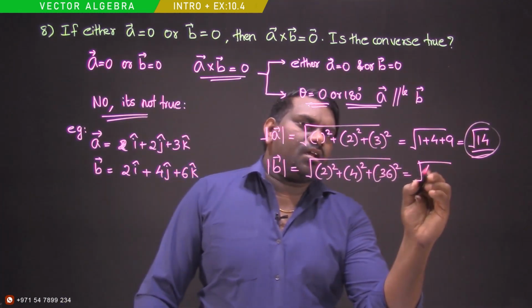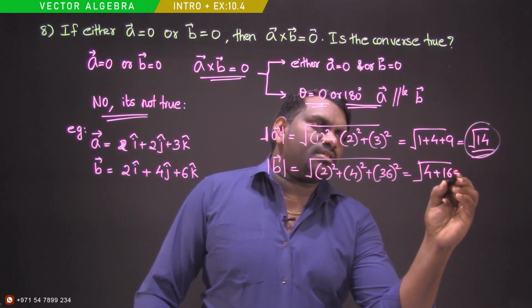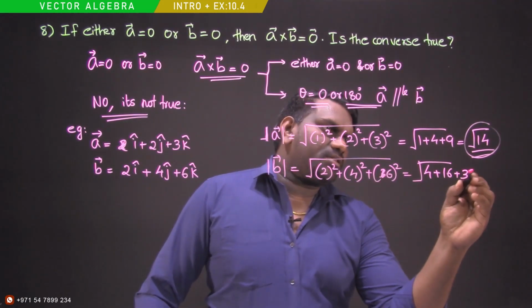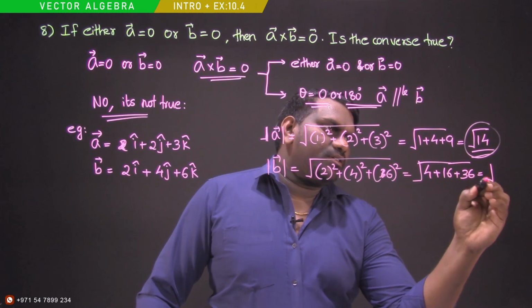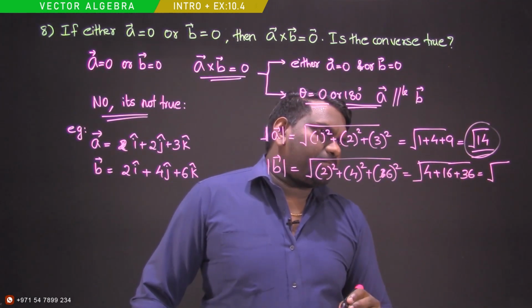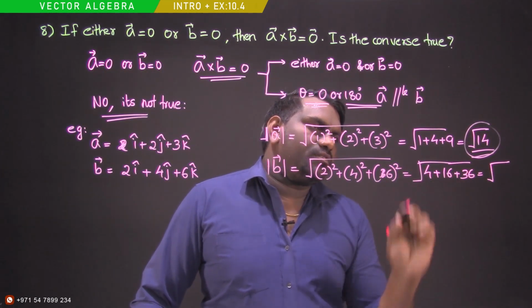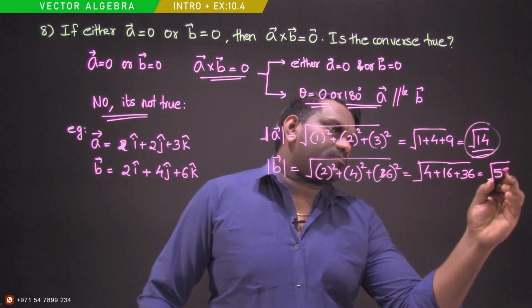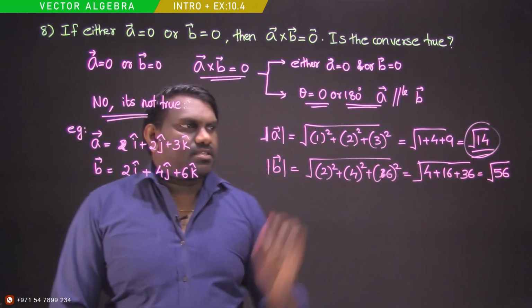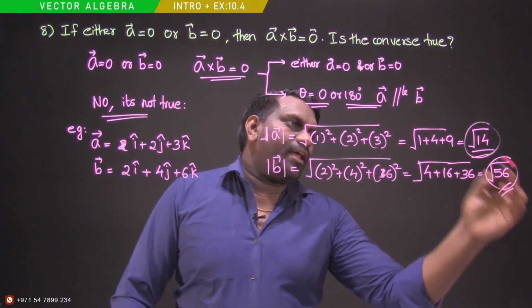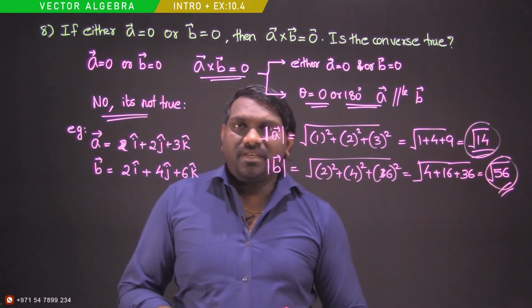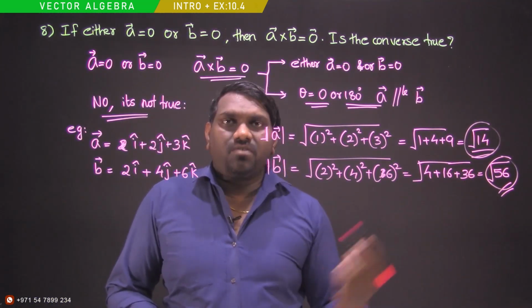It's 4 plus 16 plus 36, which is 56. So these are the magnitudes of vector A and vector B, which are not 0.